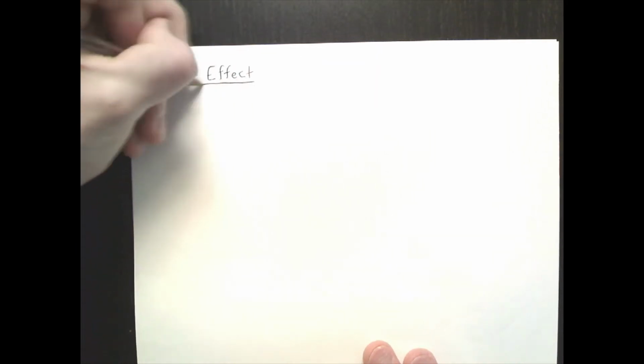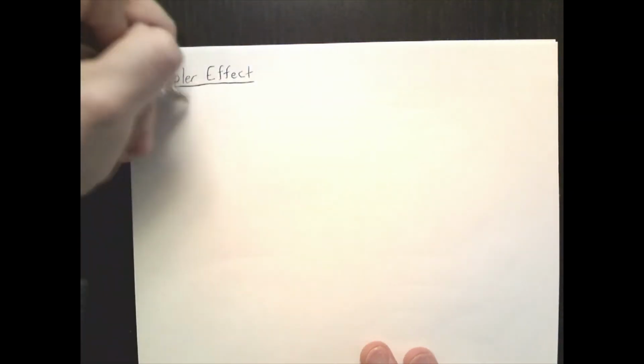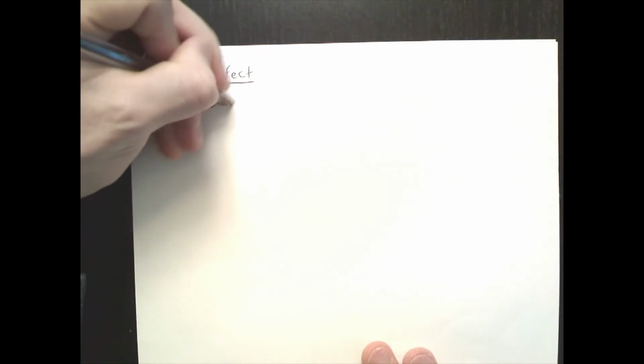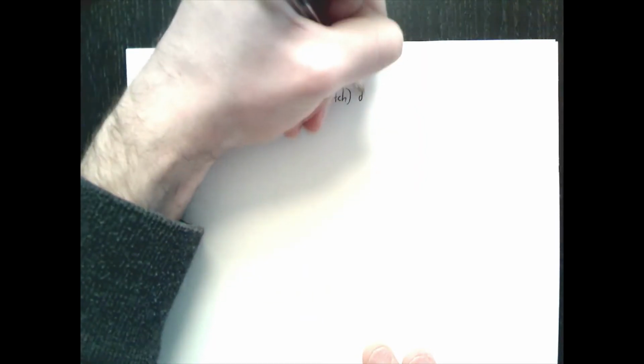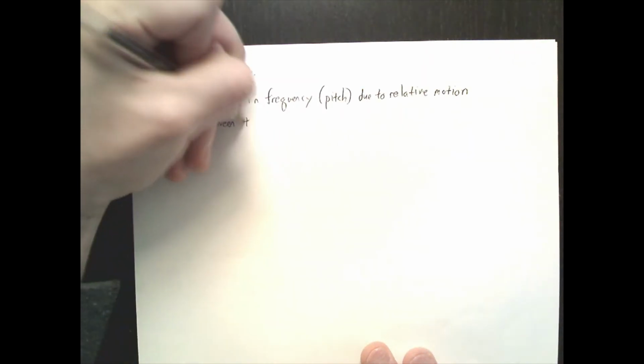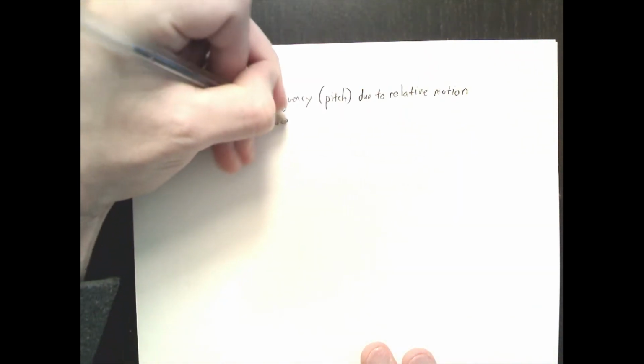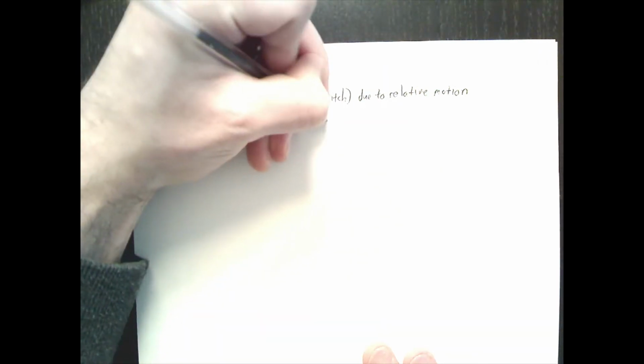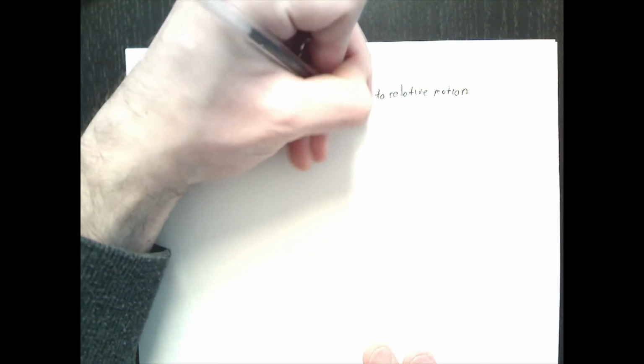So put in the simplest terms, the Doppler effect is the change in frequency and therefore pitch due to relative motion between the source of the sound and the listener.